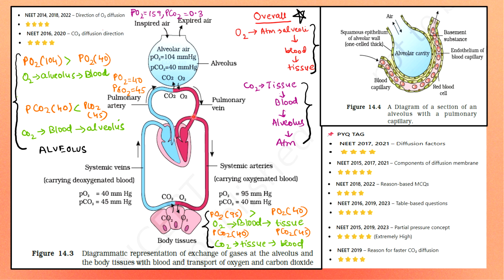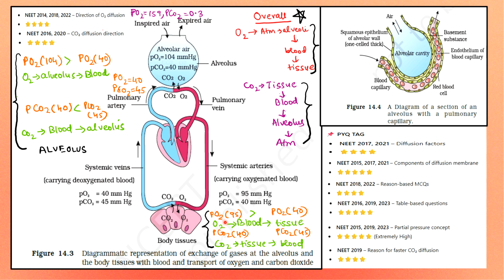So as the blood is pumped, this oxygenated blood is carried by the systemic artery. Now here the partial pressure of oxygen becomes 95 millimeter of Hg and the partial pressure of carbon dioxide is 40 millimeter of Hg. Now the tissue, we already told, its partial pressure of oxygen is 40 millimeter of Hg and partial pressure of carbon dioxide is 45 millimeter of Hg.